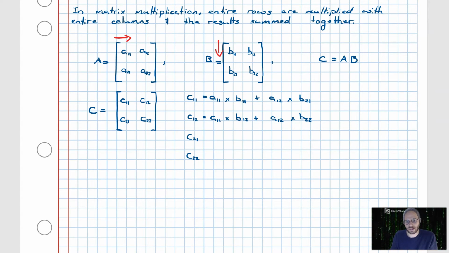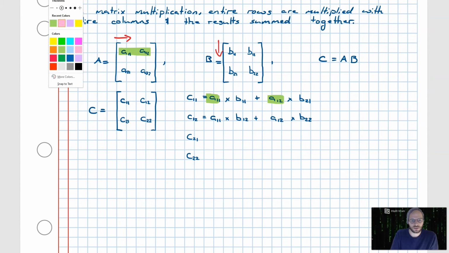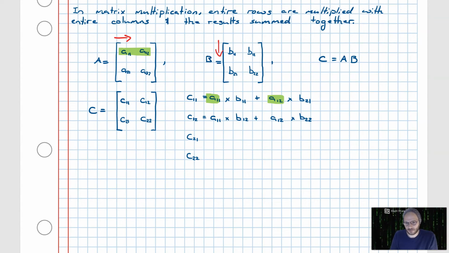Now, deducing the factors, I'm going to go A and A here, so A11, A12. These align across the first row of the matrix. For factors B11 and B21, these align across the first column of the matrix.